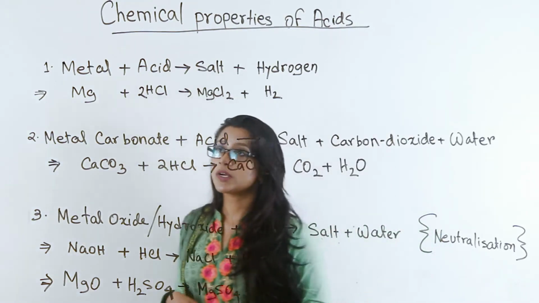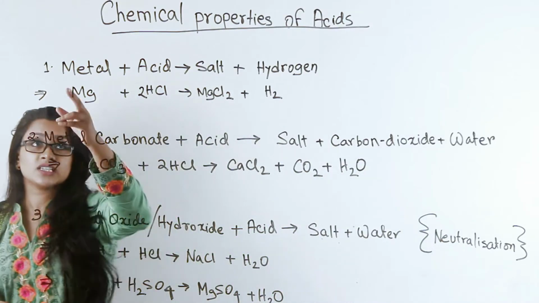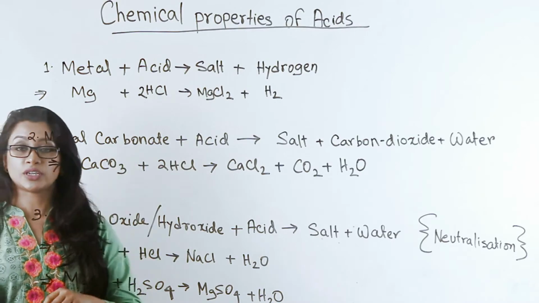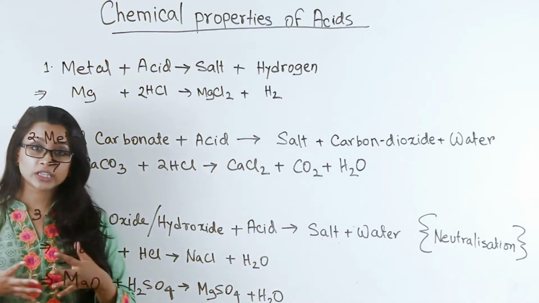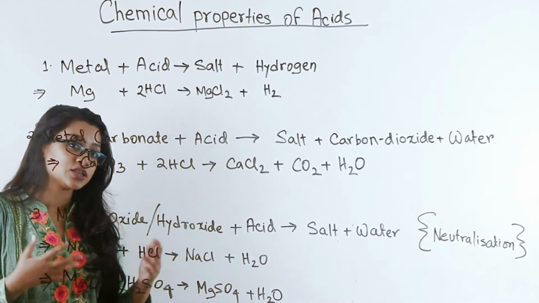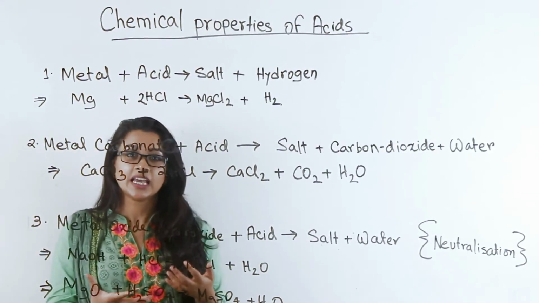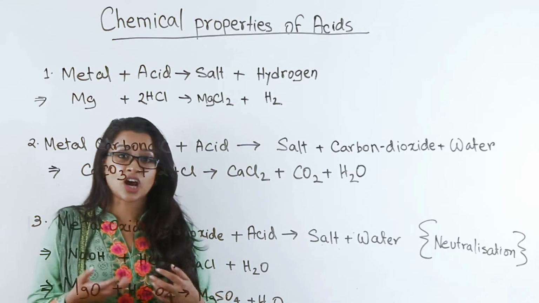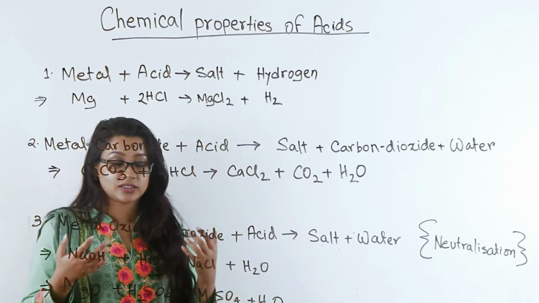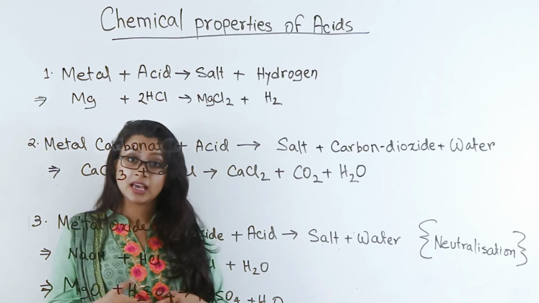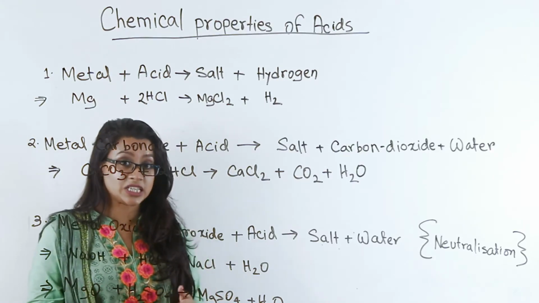In the first equation, we have metal plus acid equals salt plus hydrogen. Now, guys, salt in this chapter doesn't strictly mean the salt we have in our food every day. That is what we know as sodium chloride, our table salt that we ingest.